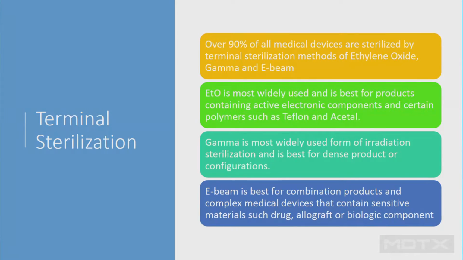So removing oxygen within the packaging environment usually has a big impact on optimizing the post-sterilization performance of the product. So for E-beam, for example, if the product contains drugs or drug products itself, allograft tissue or biologics, you really want to take a close look at E-beam.